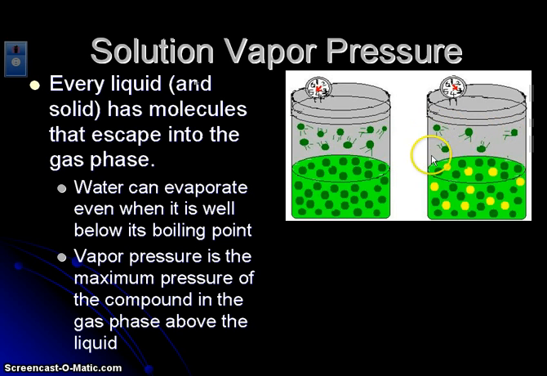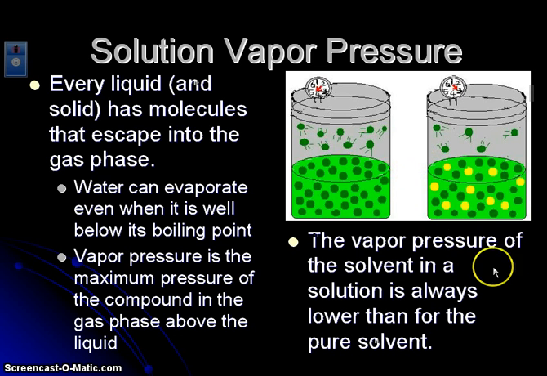You can even see in my illustration here of my solution that you have fewer gas particles escaping, and so the vapor pressure of a solvent in a solution is always lower than for the pure solvent. So the vapor pressure of the solvent in that solution is going to be lower than if it were just the pure solvent. You have fewer molecules escaping into that gas phase.